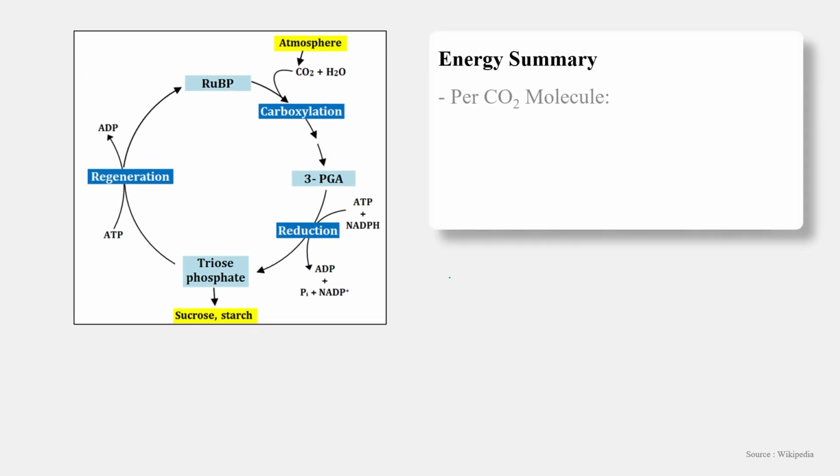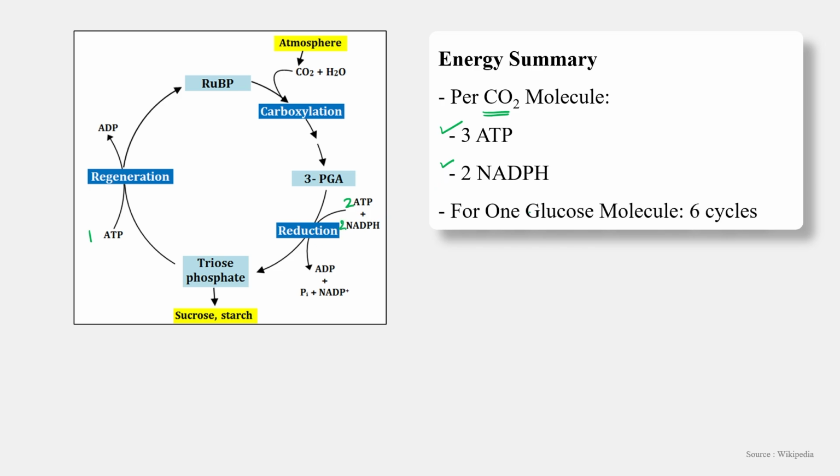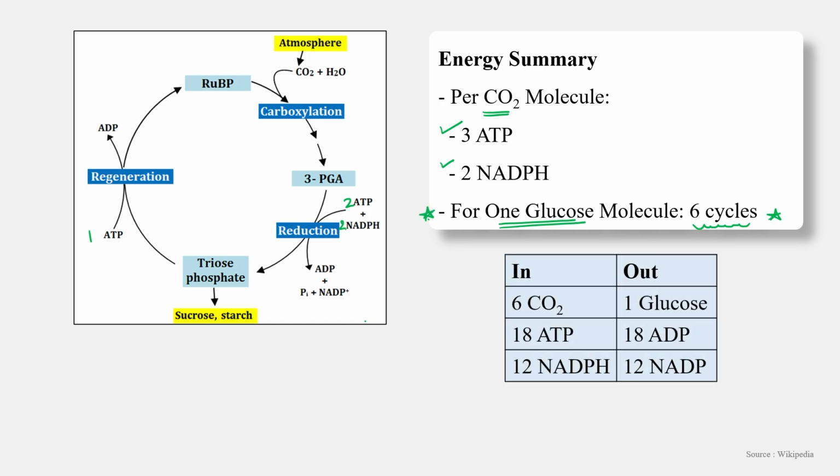And 2 molecules of NADPH. So per carbon dioxide molecule, 3 ATP, 2 over here, 1 over here, and 2 NADPH are used up. For the production of 1 glucose molecule in 6 cycles, clear? 6 carbon dioxide, total number of ATP 18, total number of NADPH 12.